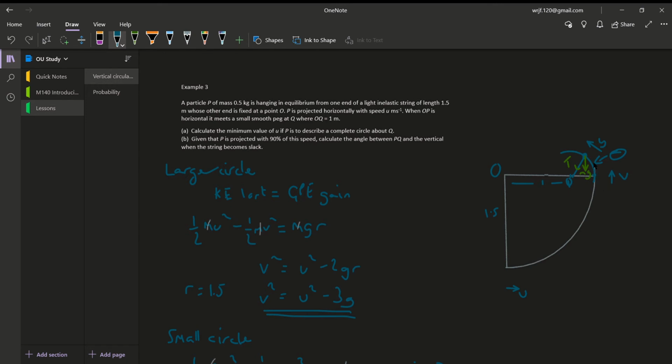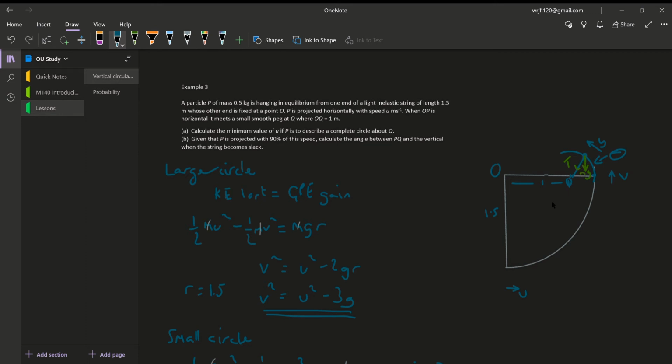So on this journey up, in the very top section of the smaller circle, at some point it's going to run out of speed and fall back inside the circle, and that will happen when the tension becomes equal to 0. What we're trying to work out is what angle that bit of string, the radius, will make when the tension becomes 0.